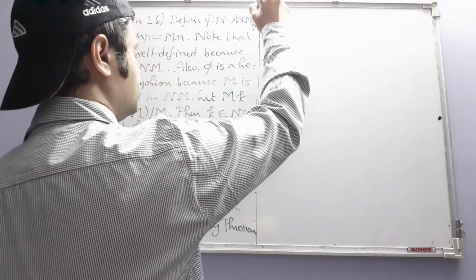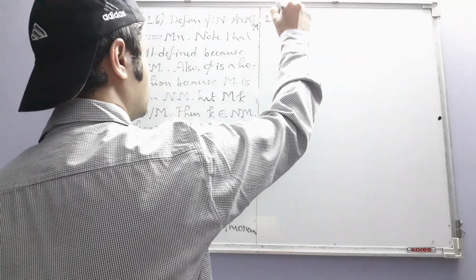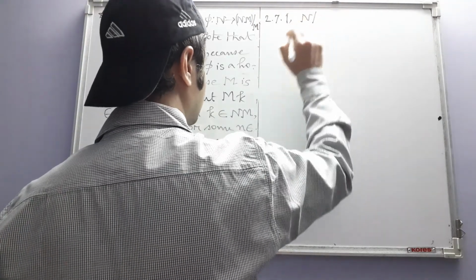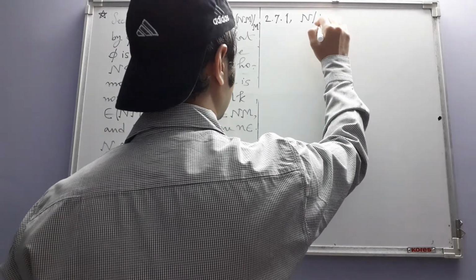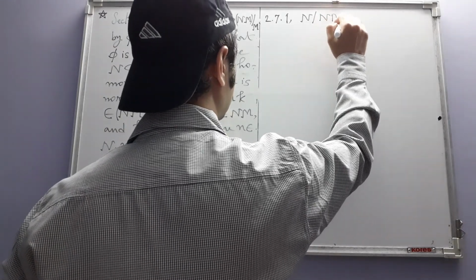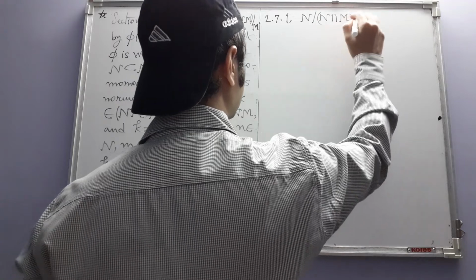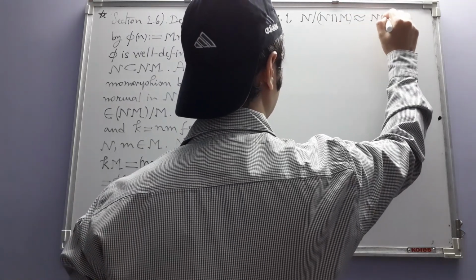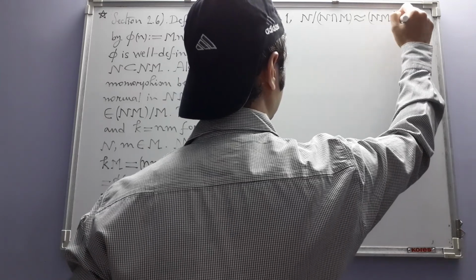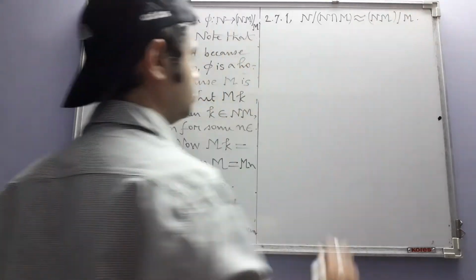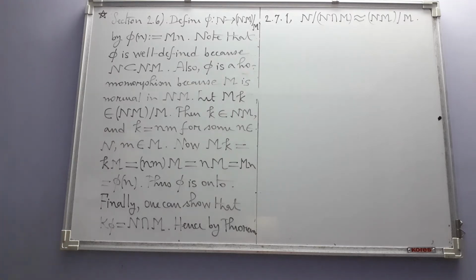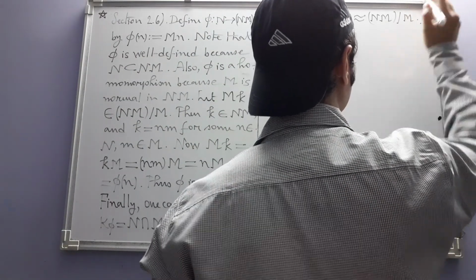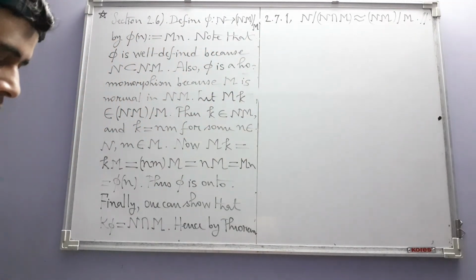By theorem 271, N by the kernel of phi, which is N intersection M, is isomorphic to NM by M. So that's how we achieve the isomorphism, and this completes the solution.